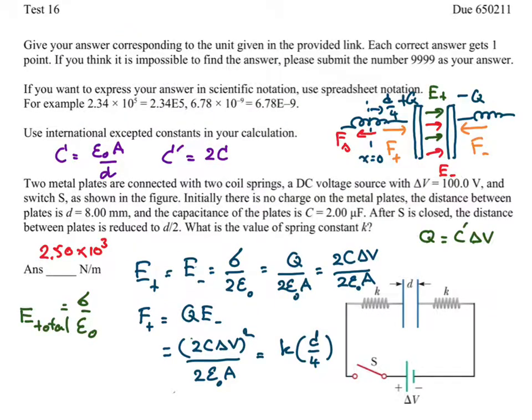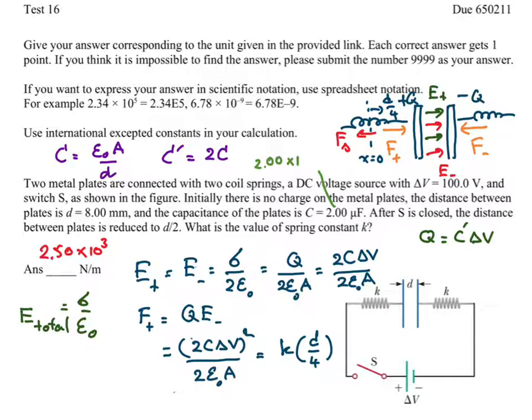C is 2 microfarad. But in our calculation, we have to change it to the base unit, which is 2 times 10 to the minus 6 farad. That is for the microfarad.